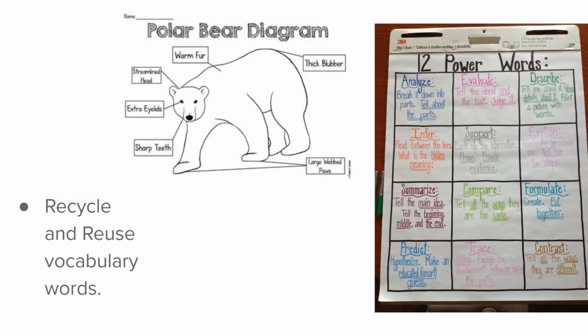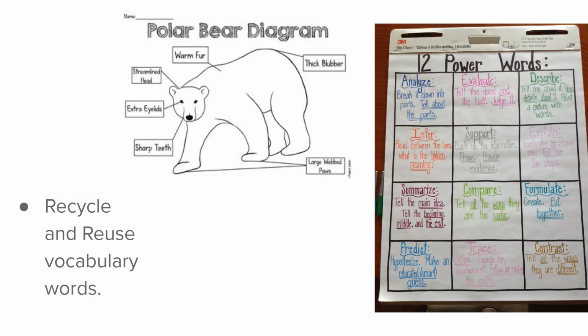So then if there's another animal like a lion, they will call the hair on the lion fur, or the hair on a tiger, fur. And sometimes they might overgeneralize, but they're able to use their vocabulary word in different settings with different animals.